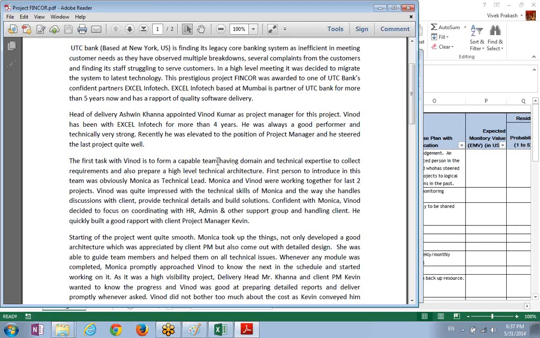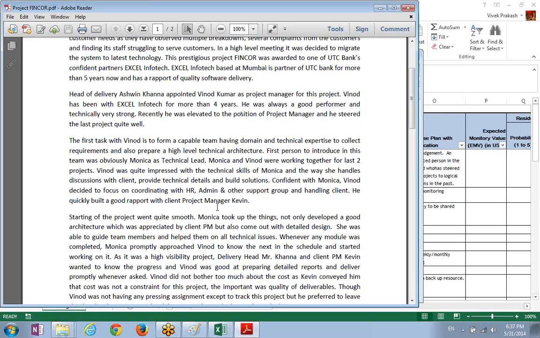Excel took it up, and the delivery head Ashwin Khanna was appointed. He appointed Vinod Kumar as project manager, who was quite confident in his team's strengths.